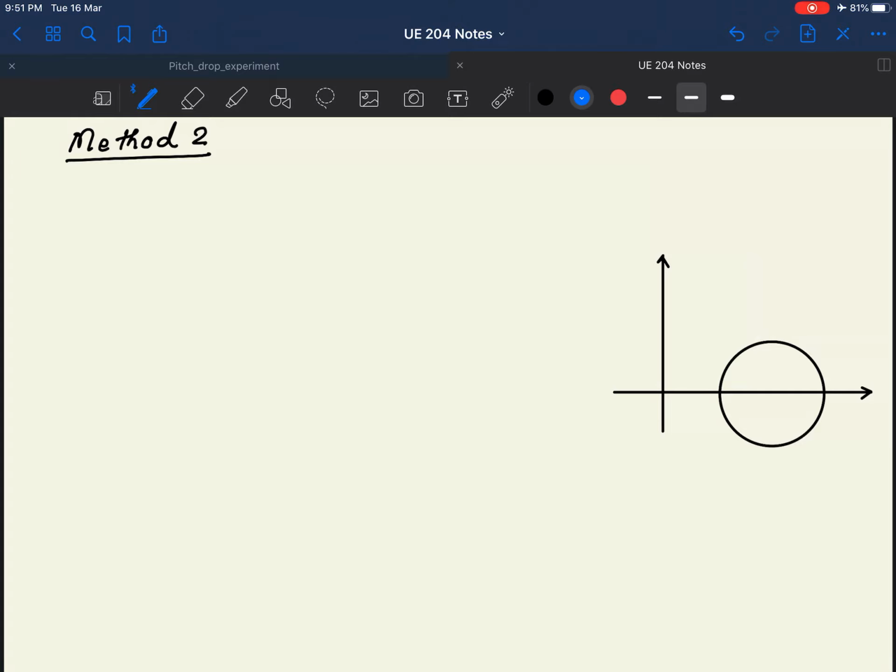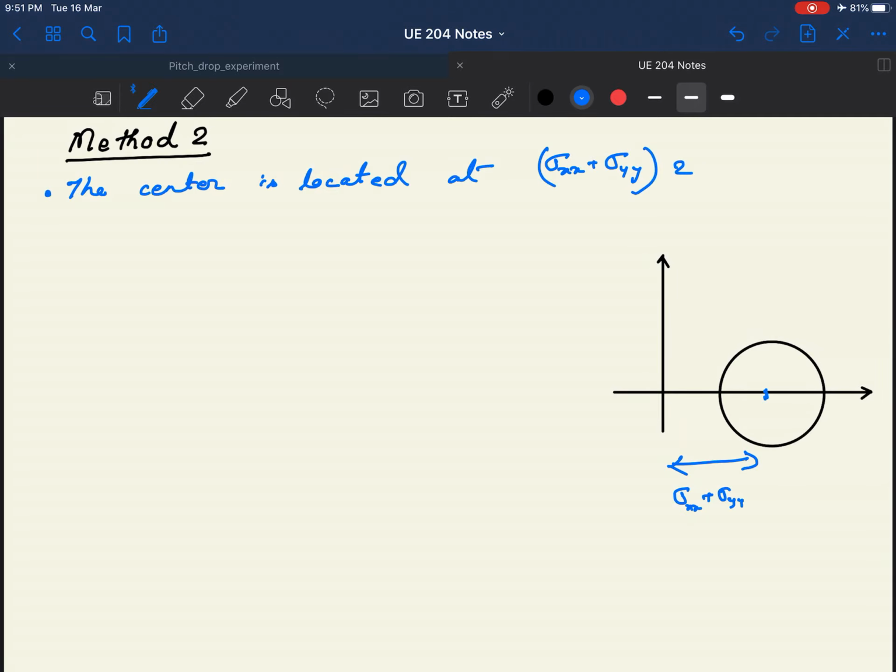Okay, so as before, the center is located at sigma xx plus sigma yy by 2. That does not change. So this center location is given as sigma xx plus sigma yy by 2.